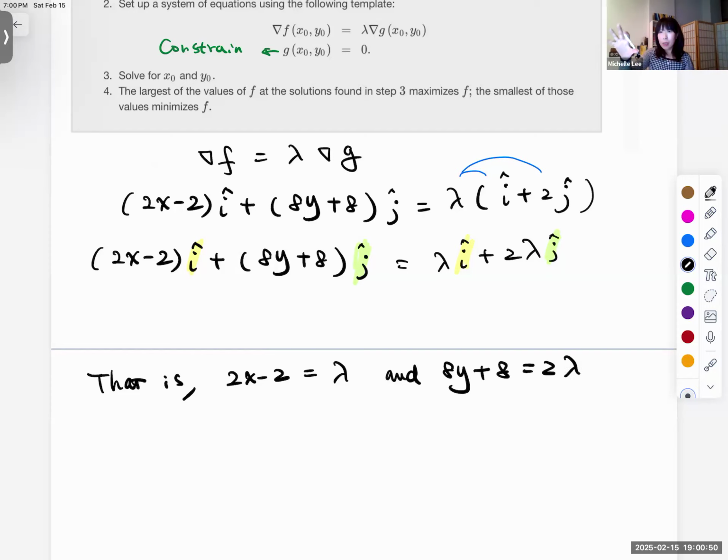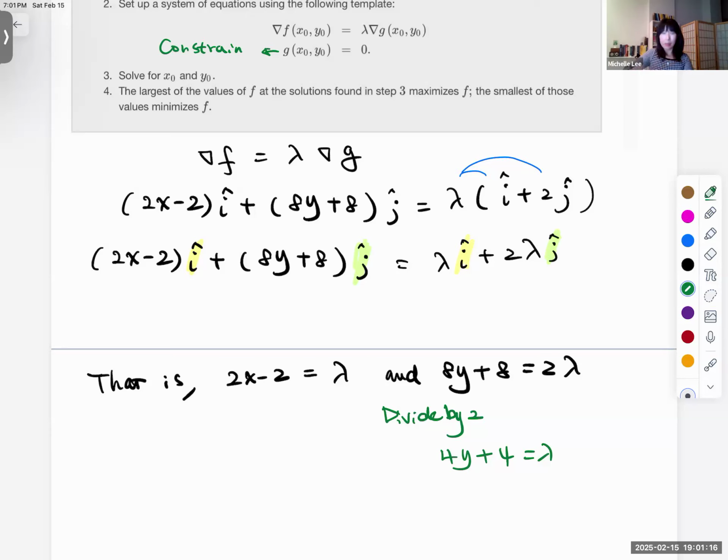Okay, the second equation, we can divide by 2. So we have 4y plus 4 equal to lambda.